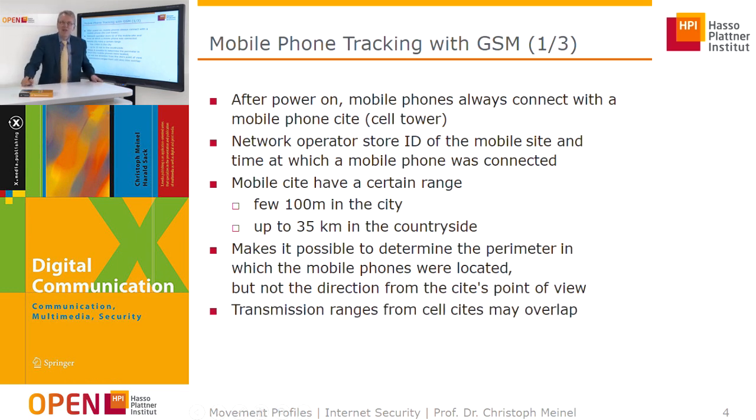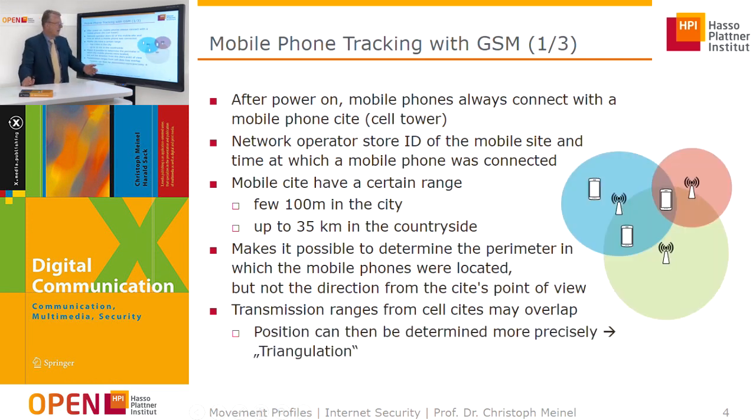The transmission ranges of cell sites may overlap, and this helps to get more information. For example, here in this example, we have two overlapping, even three overlapping areas from such sites.